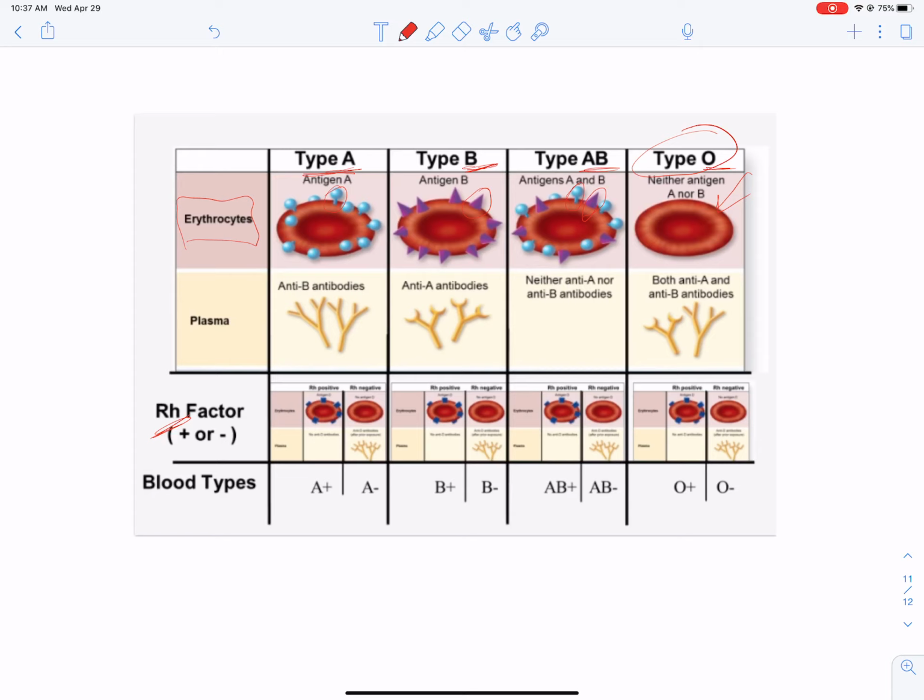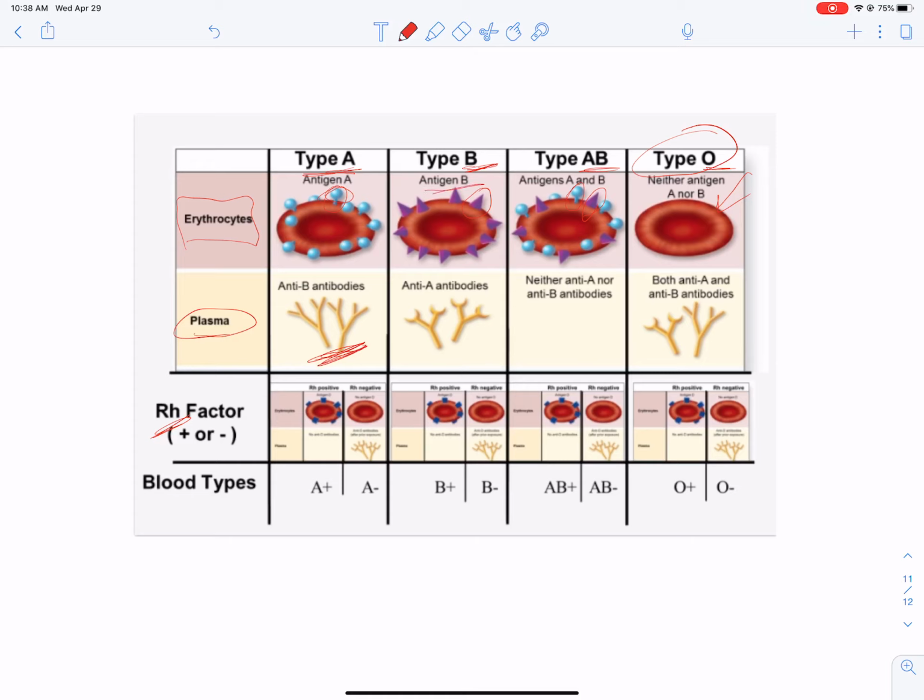Okay, so you also need to take a look at what's in the plasma. So I either have the A antigens or I have the A antibodies. I have them one or the other. So type A, I have the A antigen, so I have the B antibodies floating around in my plasma.